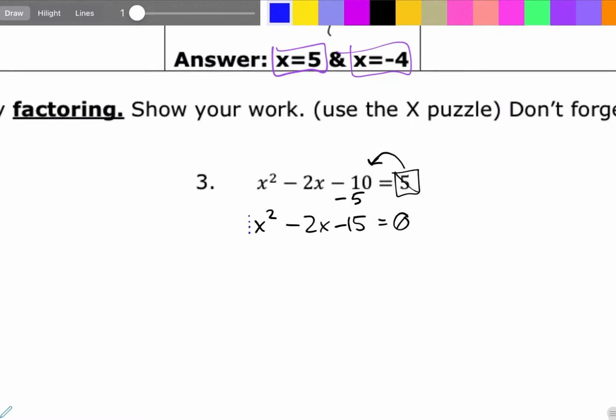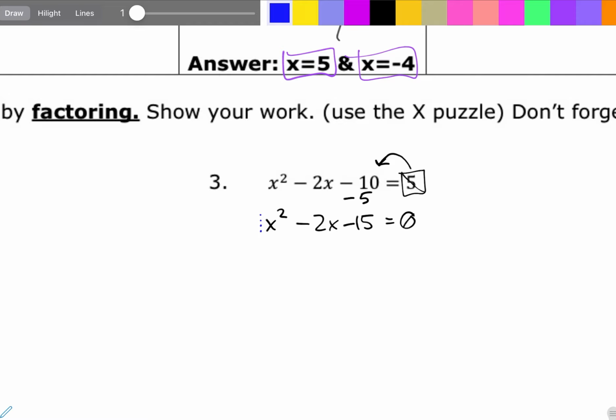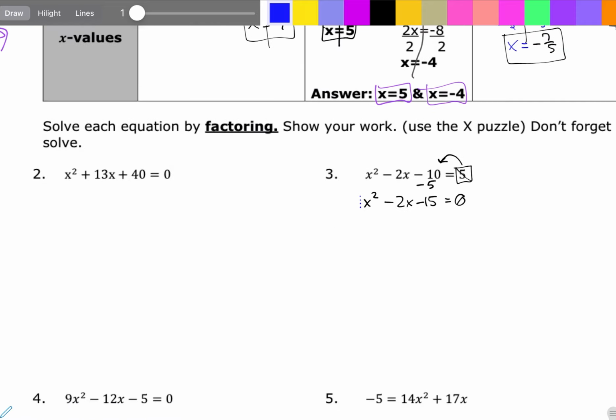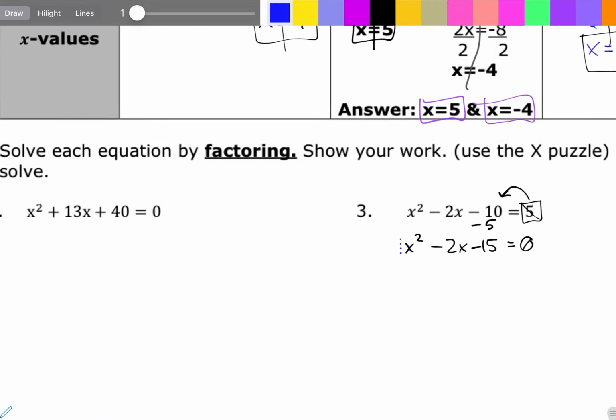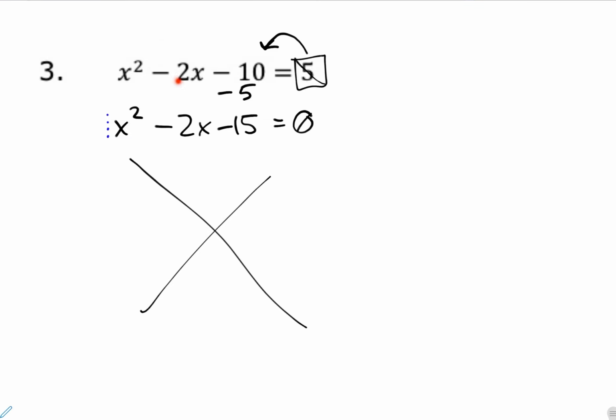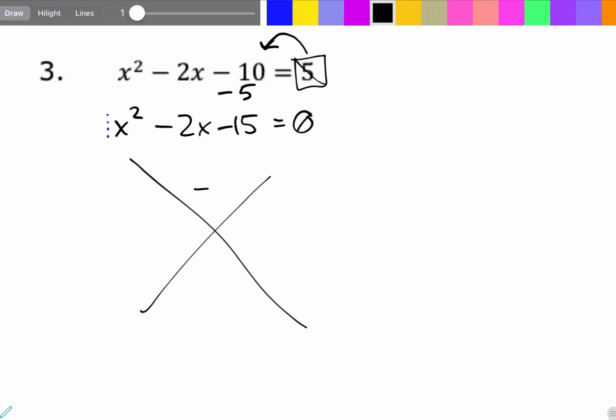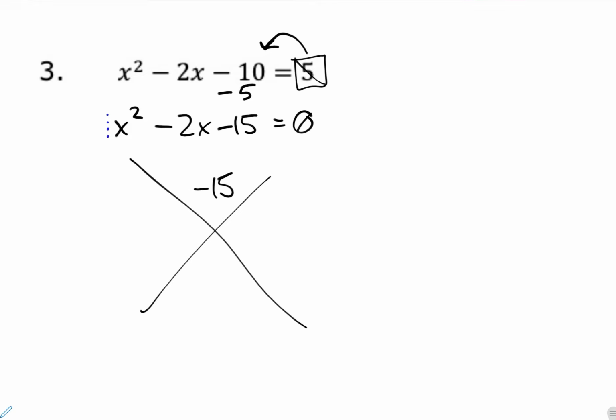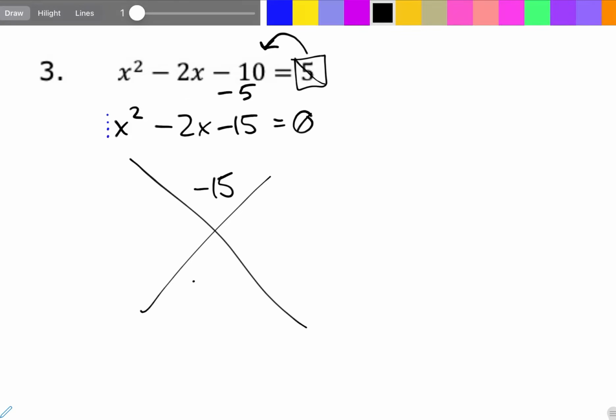So, in the notes here, it says, show your work, use the X puzzle, don't forget to solve, all right? We're going to solve this by factoring. So, everybody use your X puzzle. We're looking for 2 numbers that multiply to 1 times negative 15. And we're looking for 2 numbers that add up to negative 2.